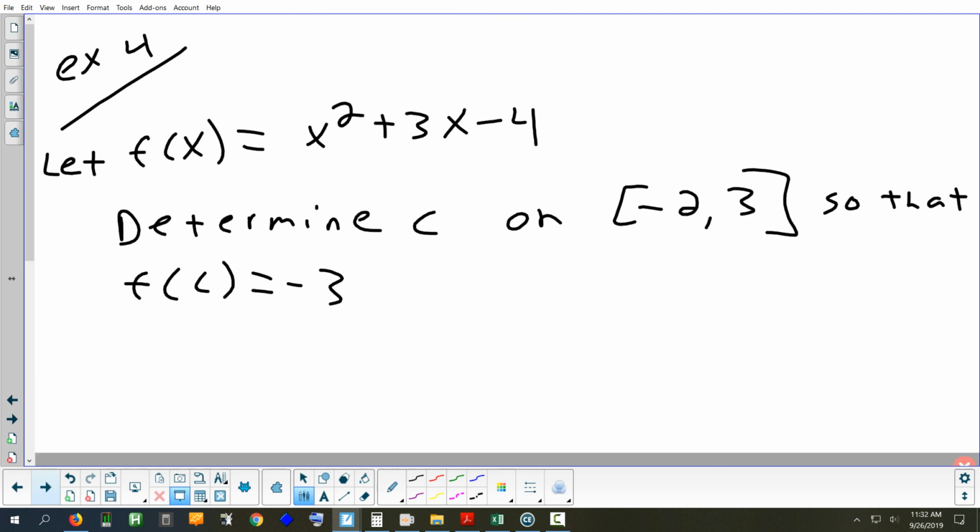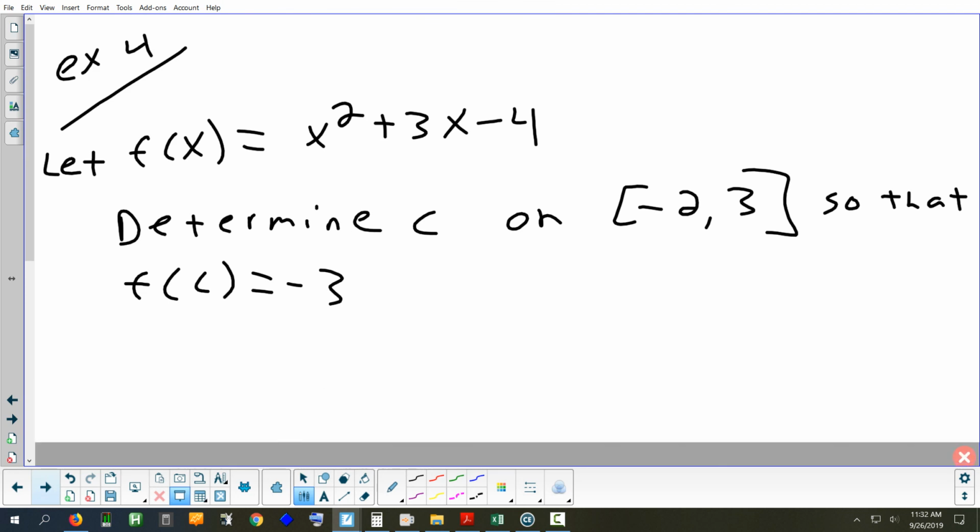Let's try one more. So, I want to find a value for x such that when I plug it into that quadratic, I get -3. So first thing I want to do is see if that's even possible. Right, so let's plug in -2 and see what we get.